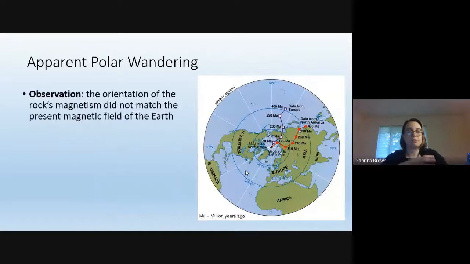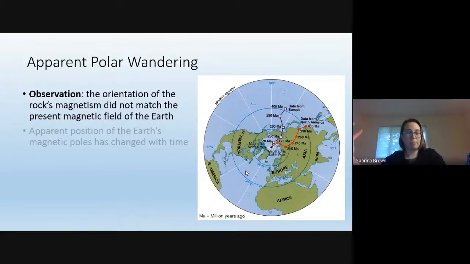And so what scientists observed is that the orientation of the magnetism preserved in rocks didn't match that of the present magnetic field on Earth, right? So apparently the pole has moved over time.